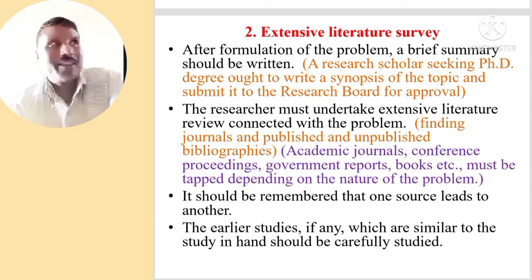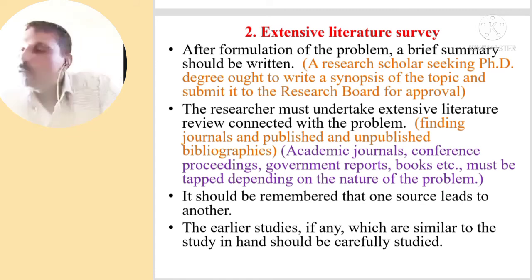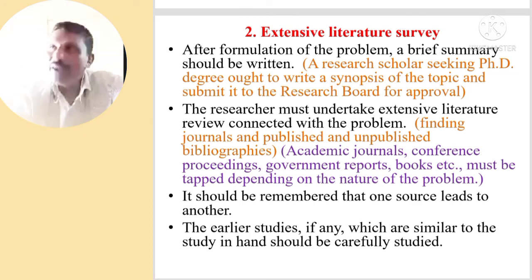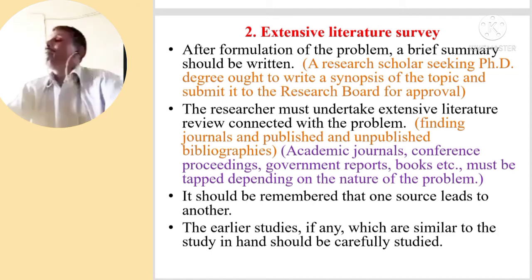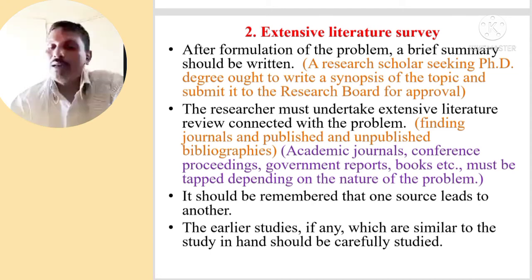It's not meant for that. You are supposed to download that bibliography and go through the material available. Go through the list of books, go through the list of journals, and try to read as many of them as possible. That is the actual intention behind telling you to attach bibliographies at the end.